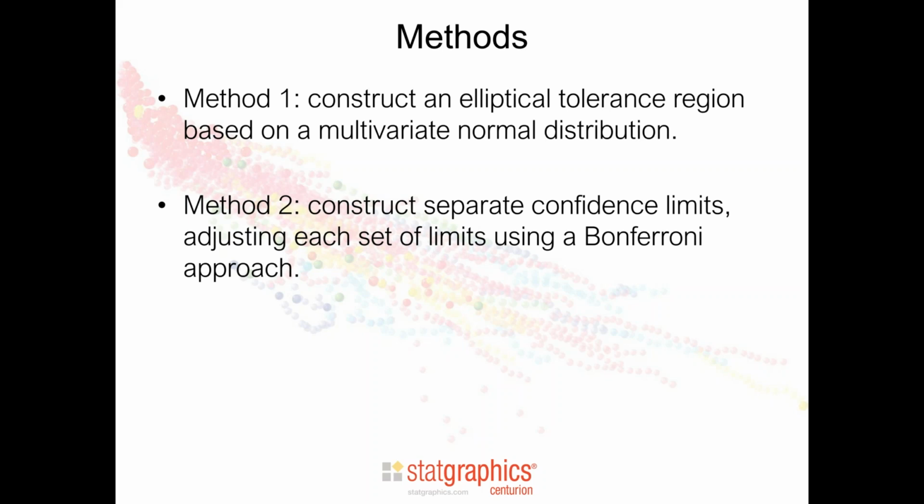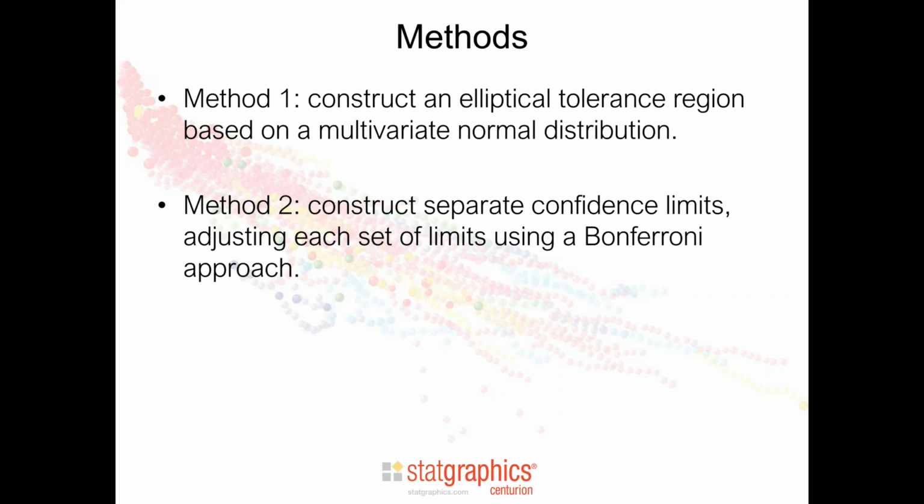For example, let's suppose I want a region that contains at least 99% of my variables, diameter and strength. I can do a tolerance region for 99.5% of the observations with respect to diameter, and a separate 99.5% region for the other variable, strength.